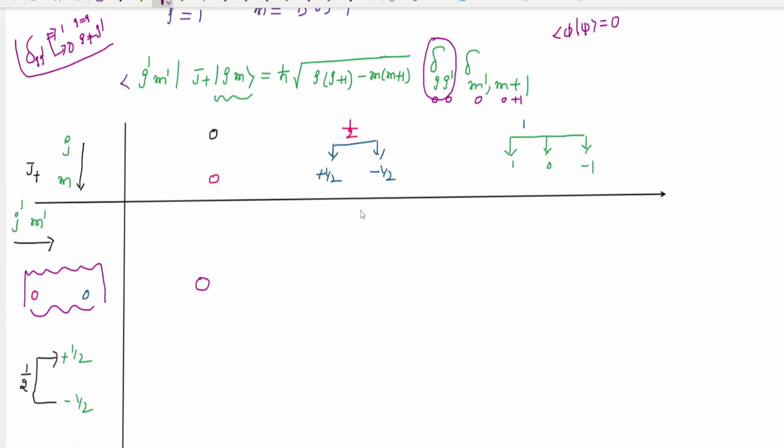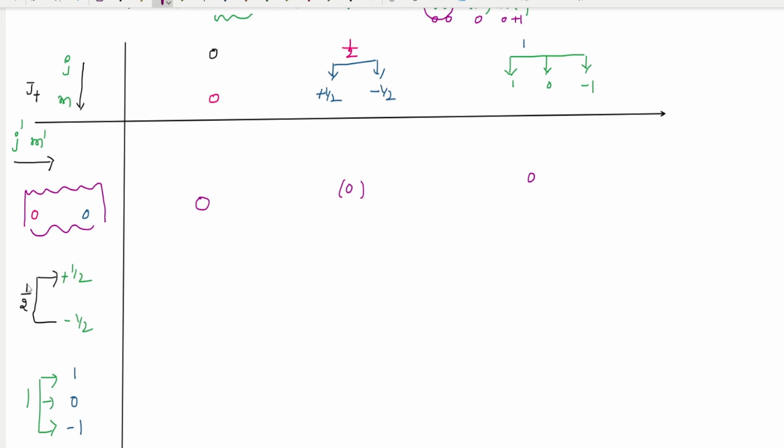Therefore, here this entire equation becomes 0. Then this is 0, this is 1. j is equal to 0, j is equal to 1, right? So j is equal to 0 and j is equal to 1 means you get 0 here.